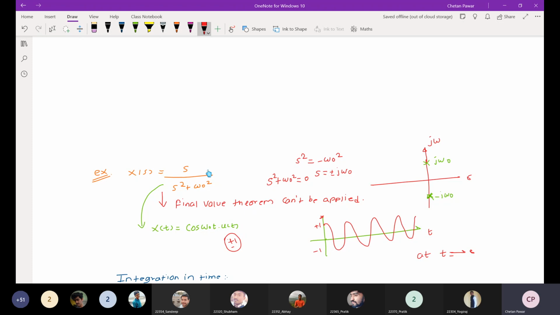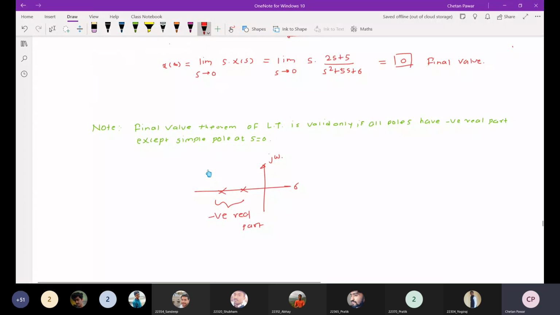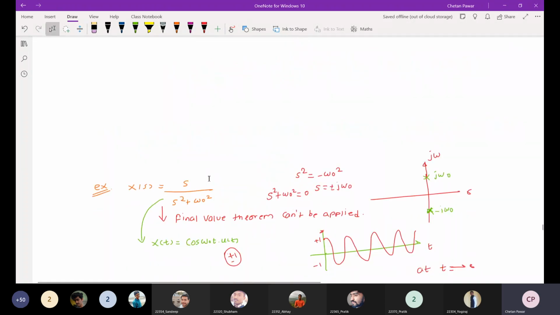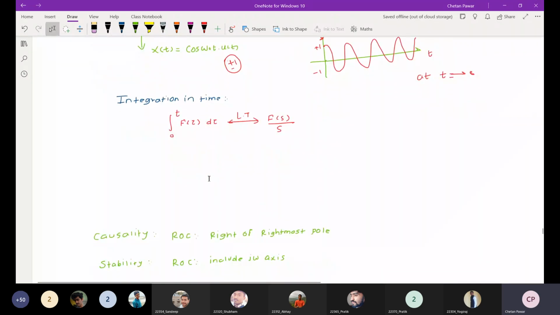So for such LTs, you can't apply the final value theorem. This is an important note. So what is the condition? The real part of the poles should lie in the left half of the S plane, a negative real part. So this is the one exception in the final value theorem.